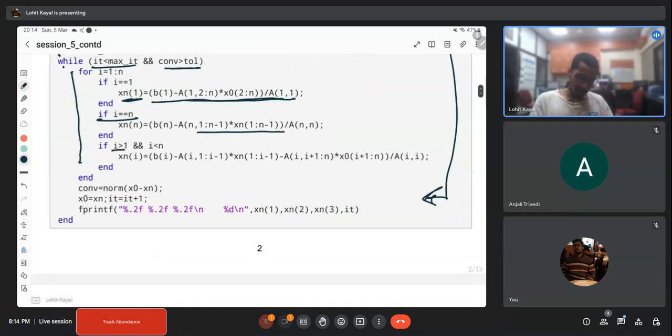Now if i is greater than 1 and i is less than n, that means all the intermediate elements.